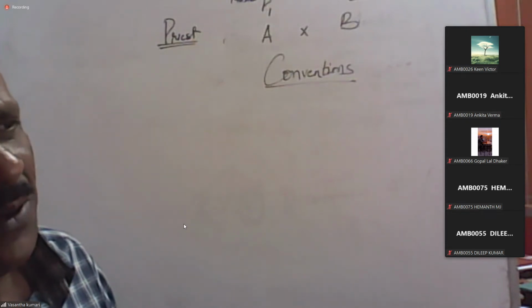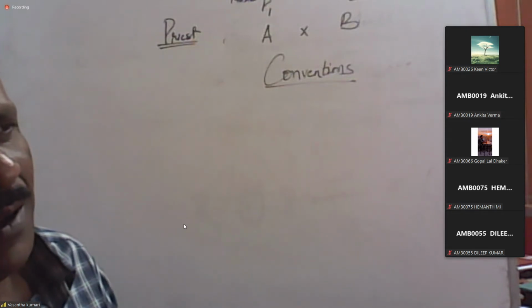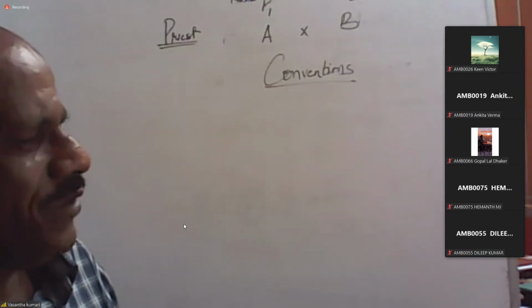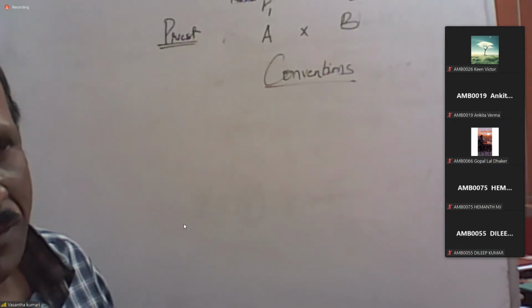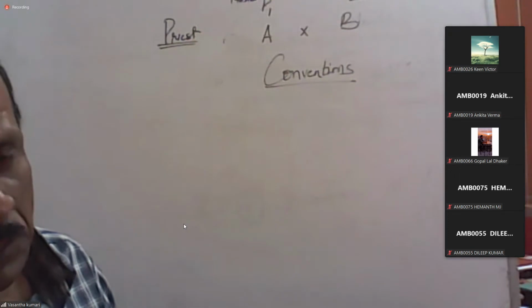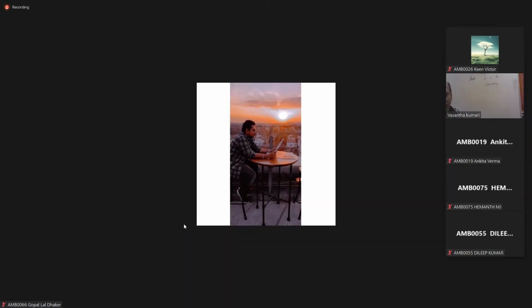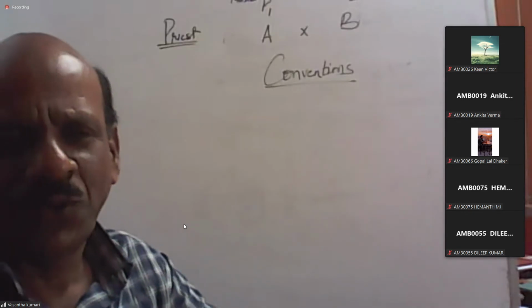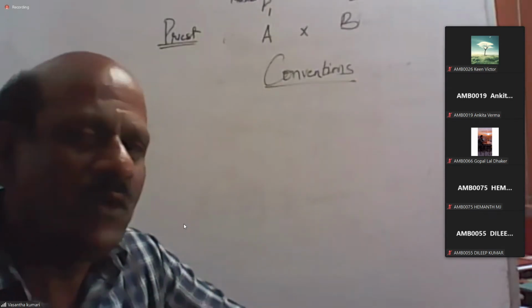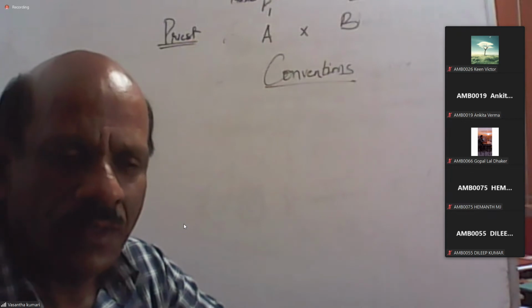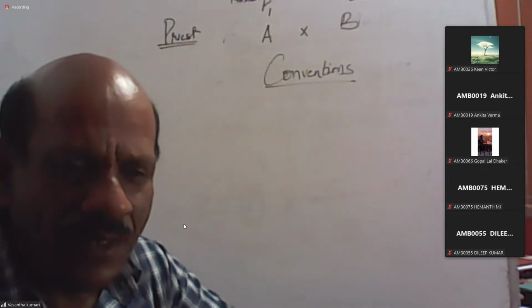You drive on your left or right? Left, sir. Yeah, that's a convention. Now, it's not written anywhere. There's no rule, but you'll have to drive on your left. Is that clear?